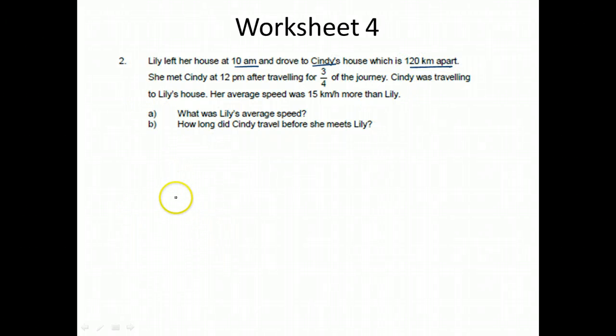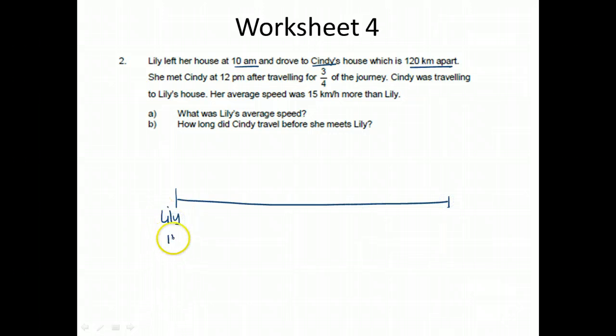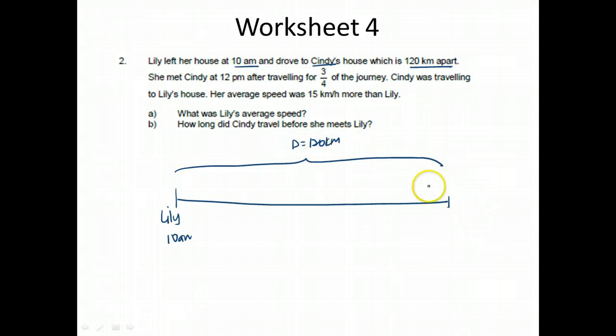So our first sentence, we know that Lily left her house at 10 a.m. She travels to Cindy's house, which is total distance 120 kilometers. She met Cindy at 12 p.m. after traveling for 3/4 of the journey. Journey means the distance.